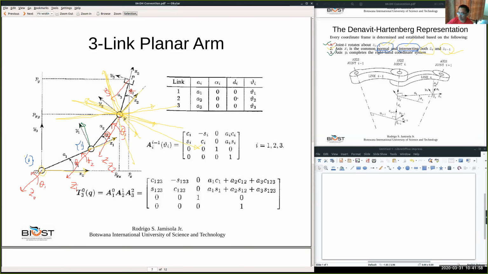This X2 is the one that we choose because it is normal and intersecting to Z2, and also it is normal to Z1 and also intersecting Z1 because it passes through the point of origin of frame 1. So this is the correct X2. This is what we choose. Now let's undo all those annotations.